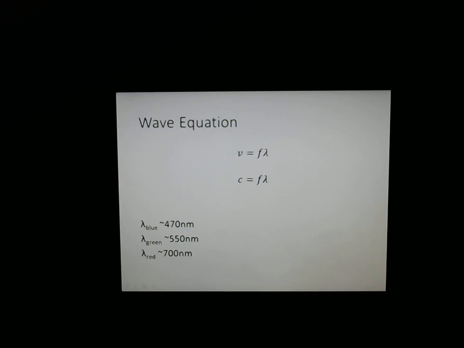Green's about 550 and red is about 700. Again, you don't need to remember exactly these numbers. I tend to go 450, 550, 650 in my head, just so that it's going up in a steady increment. They're not perfectly accurate, but it gets me a quick ballpark so that I know if something is right or not when I'm doing calculations.